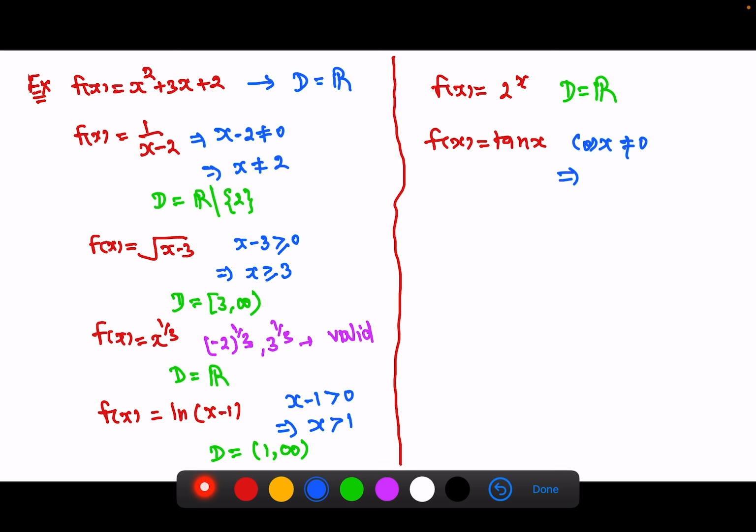This implies that x not equal to plus minus pi by 2, plus minus 3 pi by 2, or plus minus 5 pi by 2, and so on. Or we can write x not equal to (2n plus 1) pi by 2, where n is any integer.